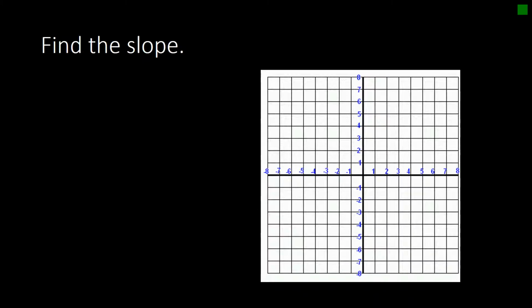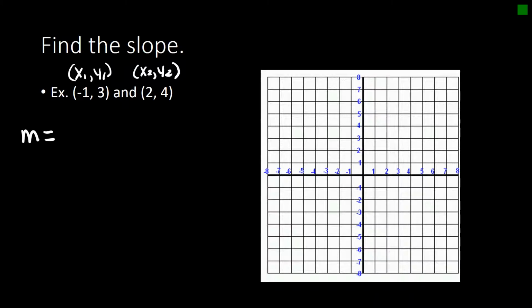So let's find the slope. Let's suppose we have points x1, y1 to be negative 1, 3, and x2, y2 to be 2, 4.